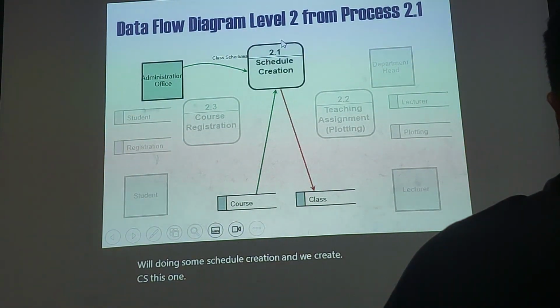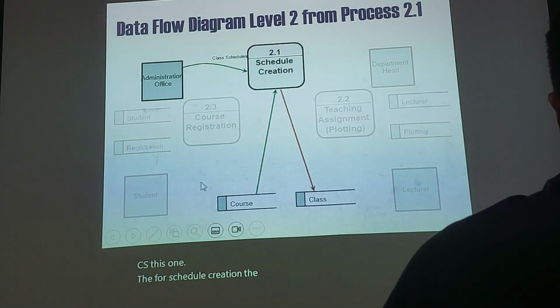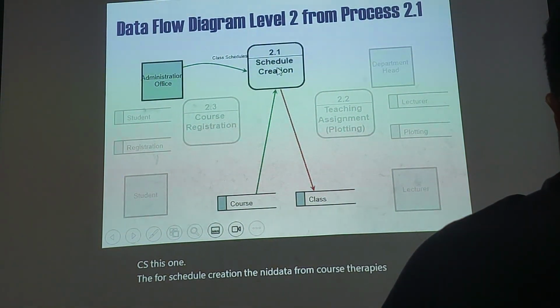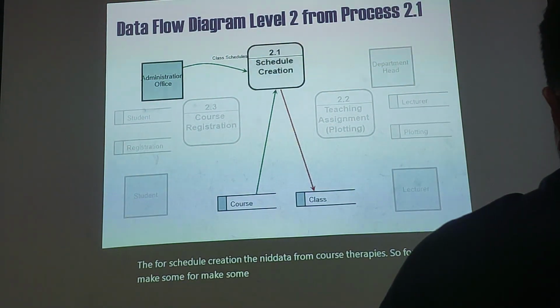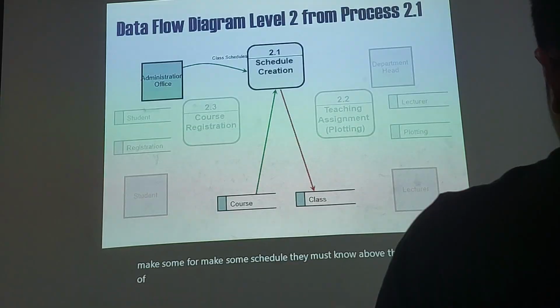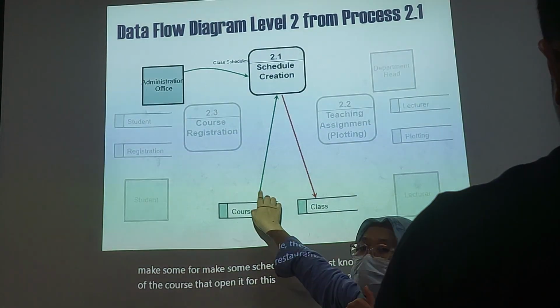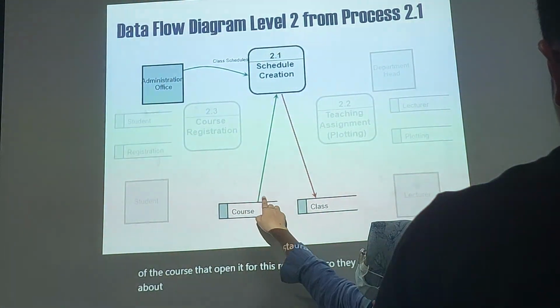For schedule creation, they need data from the course database. So to make a schedule, they must know the names of the courses that open in the following semester. So they need to read the course database.